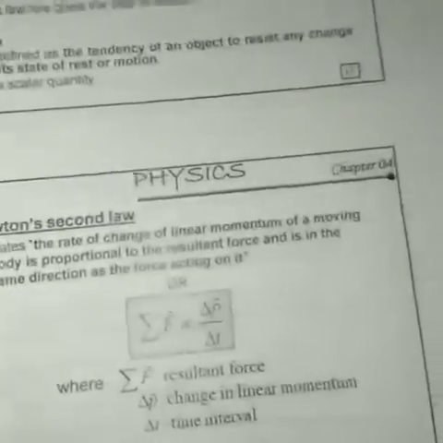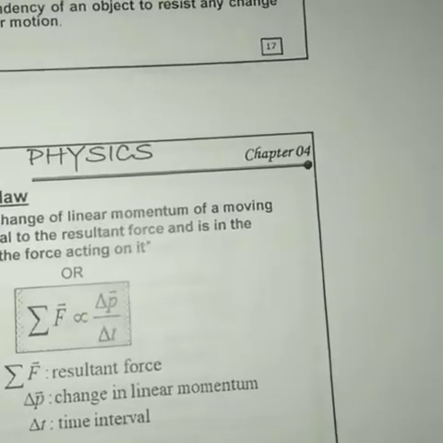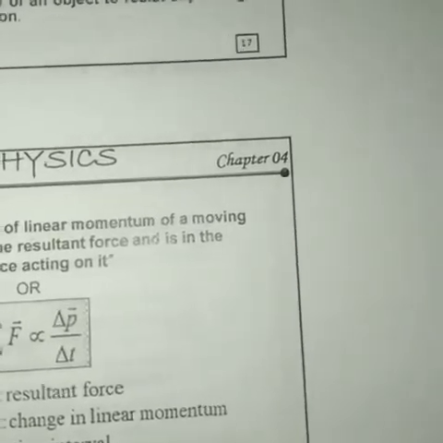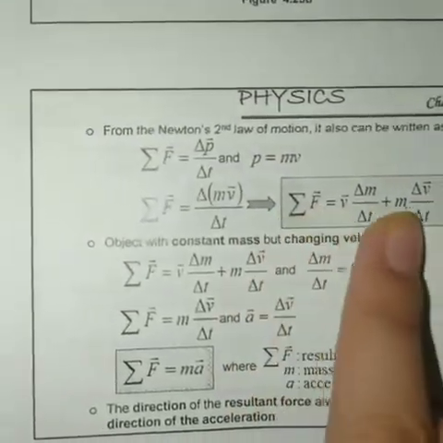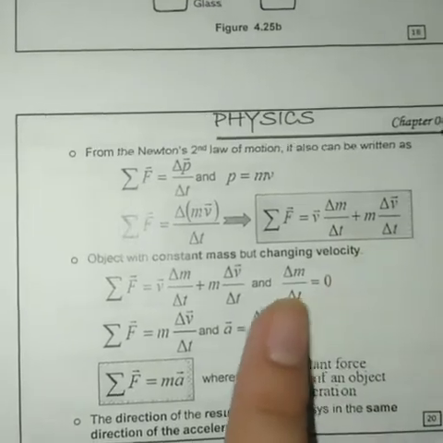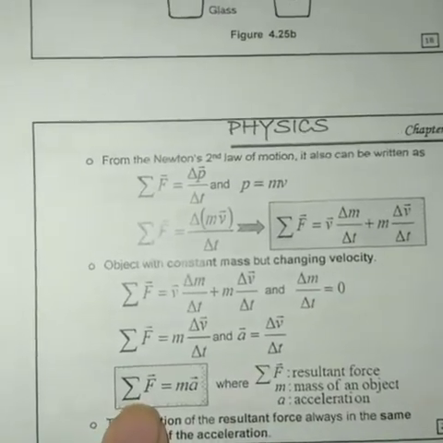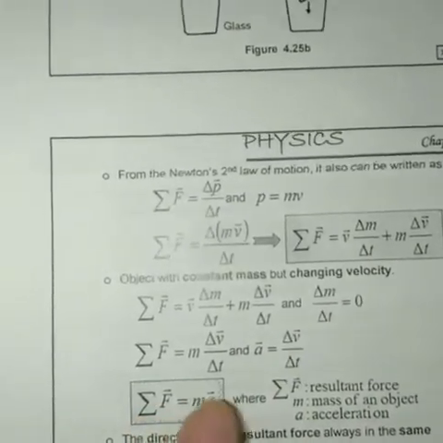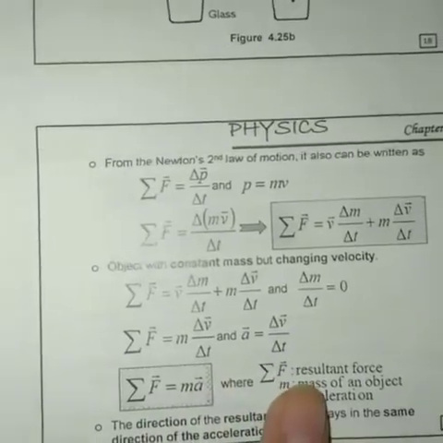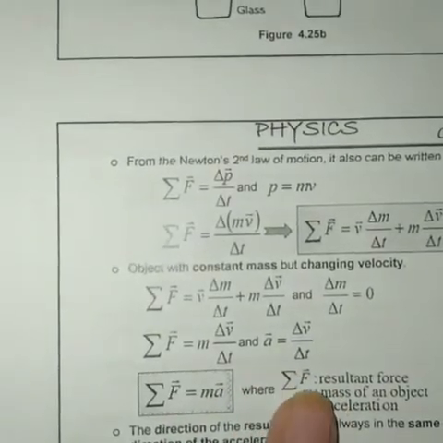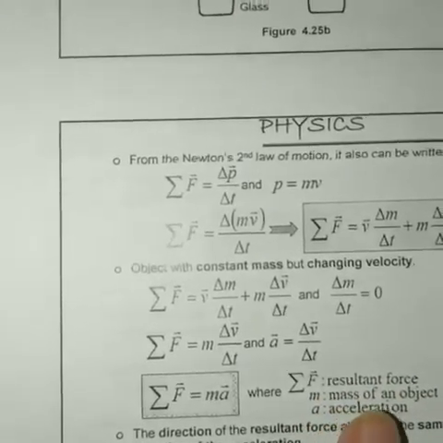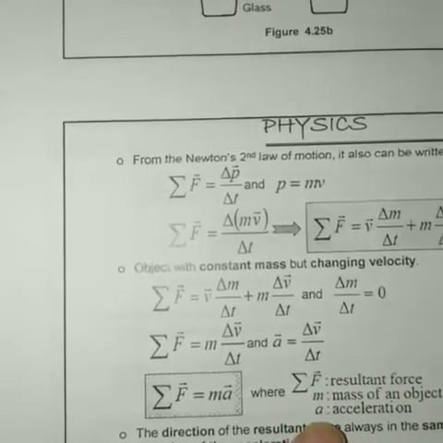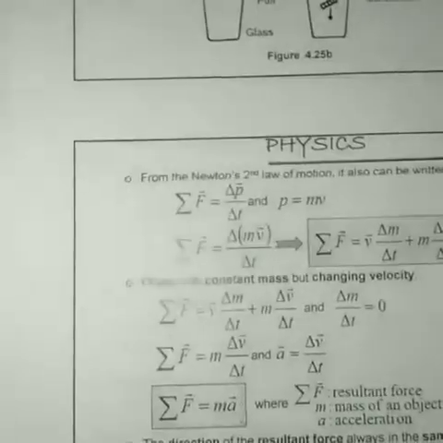Okay, and this also, get this and this. Sum F equal to ma. Sum F equal to resultant force, m equal mass of an object, and a is acceleration.